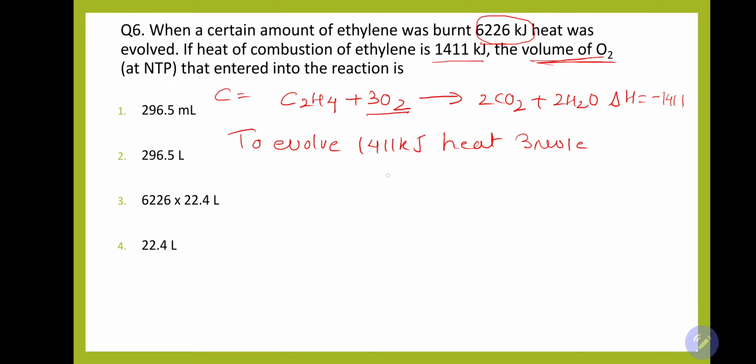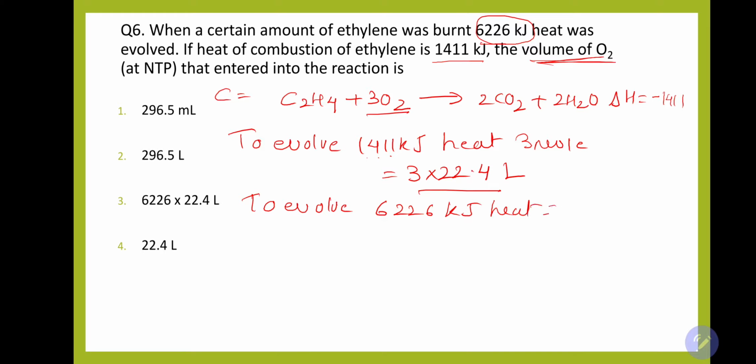So in terms of volume we will write it as 3 into 22.4 liter. Okay, now to evolve 1411 kilojoules of heat, this much oxygen was required. So to evolve 6226 kilojoules of heat, what is the amount of oxygen required?